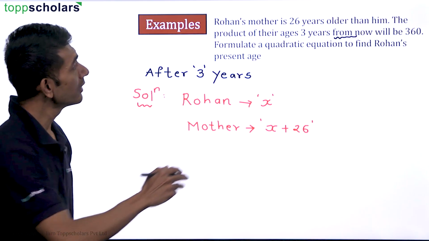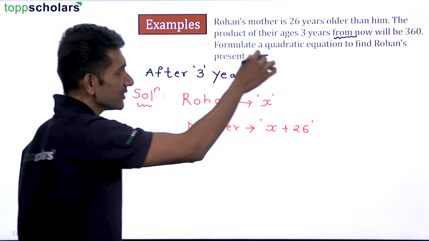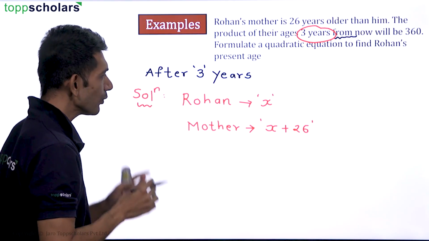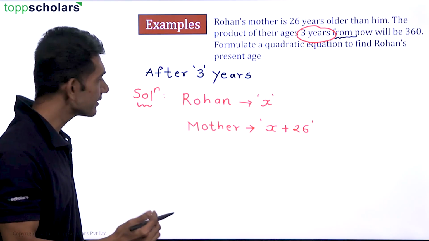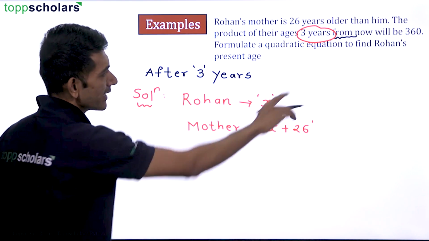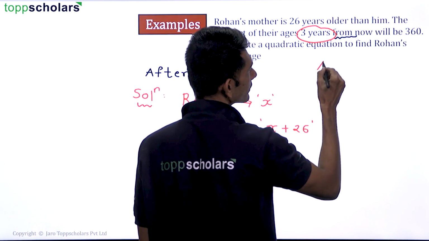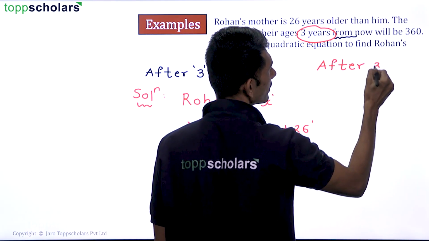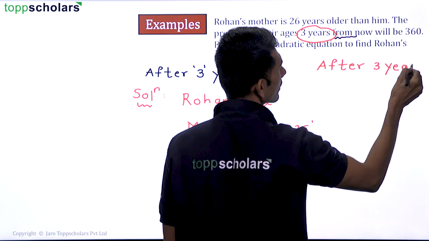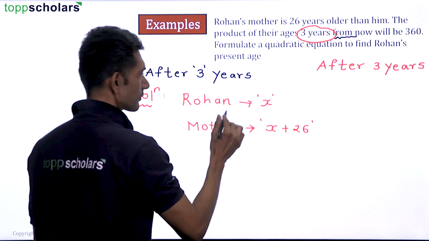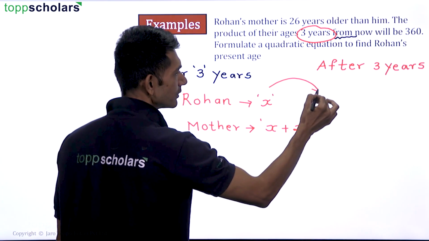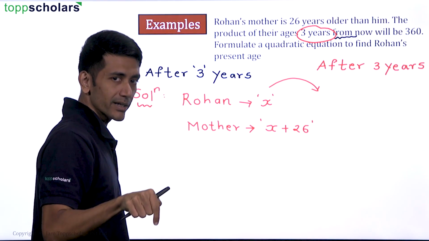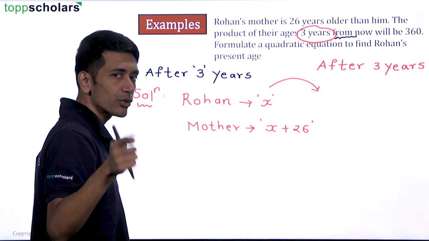Now, the product of their ages is given 3 years from now. So, can you tell me what will be Rohan's age after 3 years? After 3 years, Rohan's age will become X plus 3, right? If your age is 10 today, after 3 years, your age is going to be 10 plus 3.